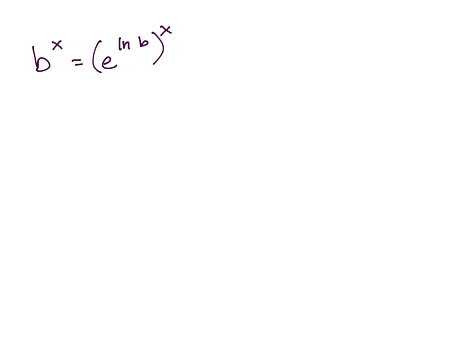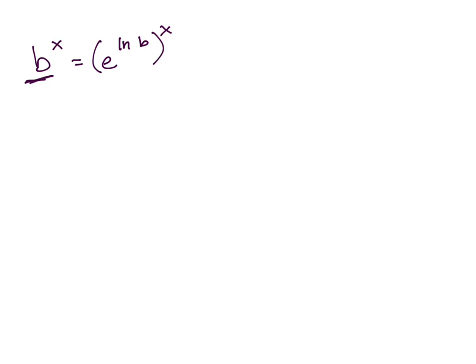Okay, so why in the world would I want to write this as e to the natural log of b to the x? Because if I have e to the natural log of b, what do I really have? b to the x. But if I look at it this way, I can actually see what I should do to take the derivative of b to the x.